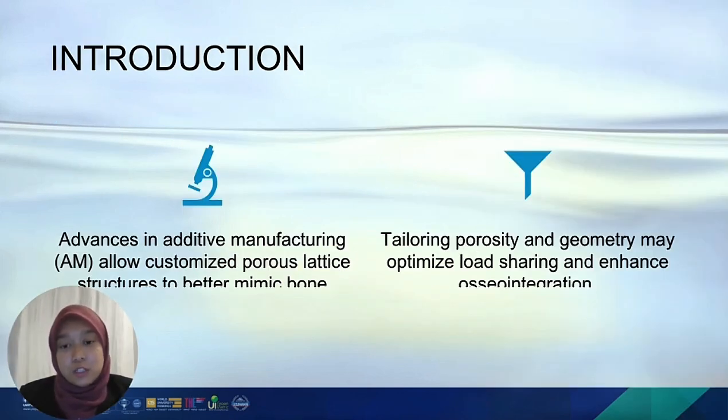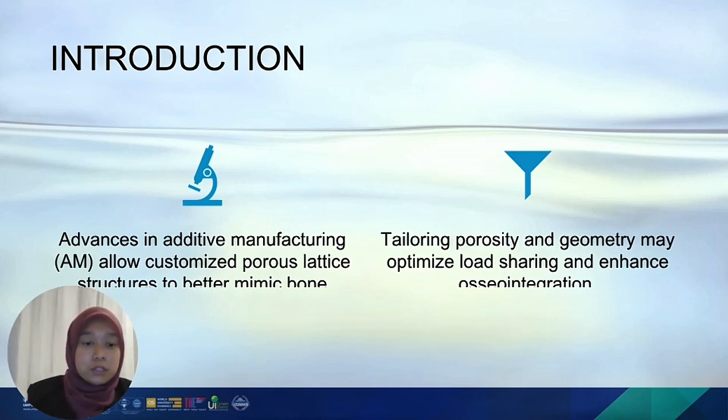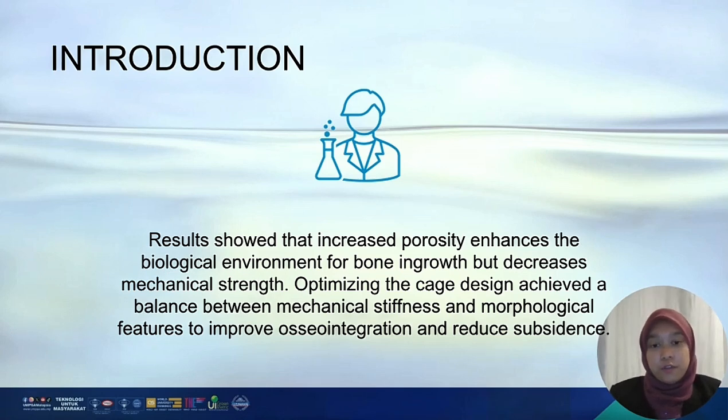The next point is that advances in additive manufacturing allow a customized porous structure to better mimic bone mechanics. Next, tailoring porosity and geometry may optimize load sharing and enhance osseointegration.